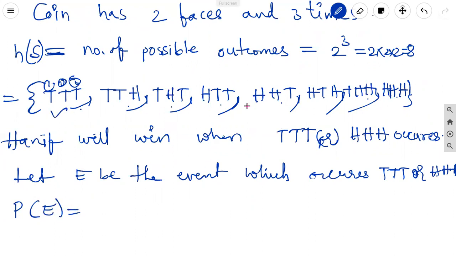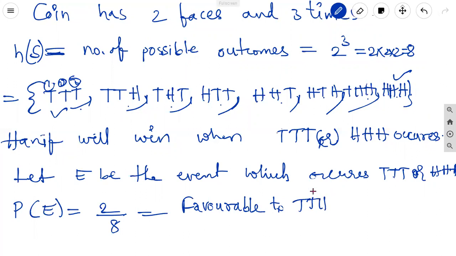How many 3 tails, 3 heads are there? 2. Total how many are there? 8. That is equal to favorable to 3 tails or 3 heads.